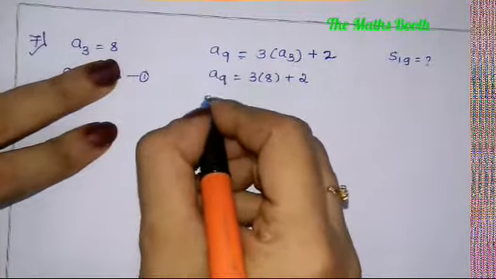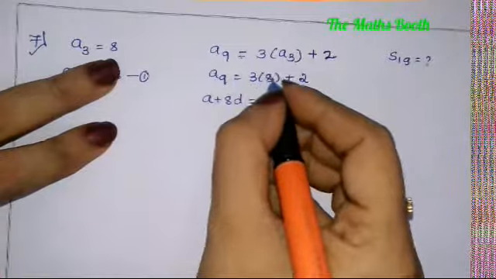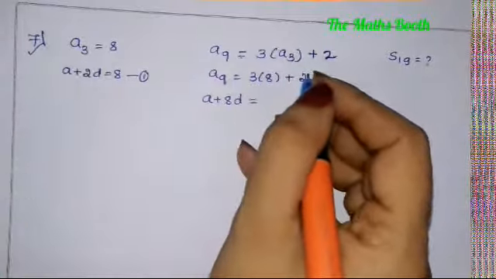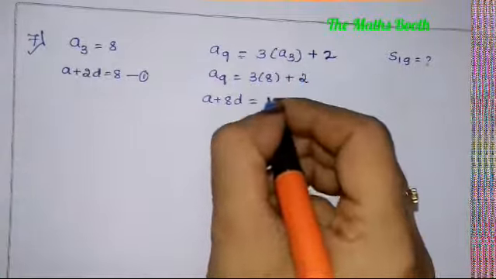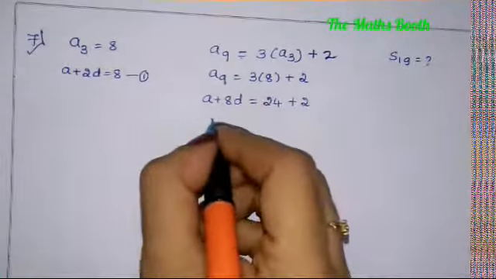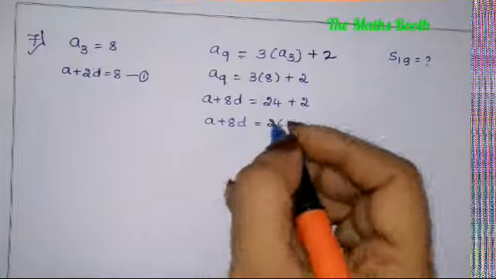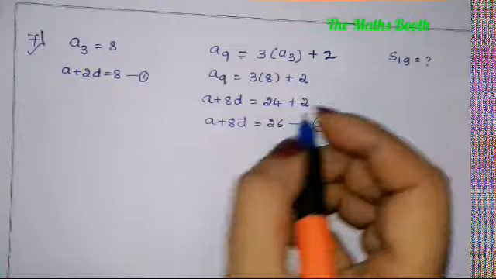A9 is nothing but A plus 8D is equal to 8 threes are 24, 24 plus 2 is 26. So A plus 8D is equal to 26. We can write this as equation 2.